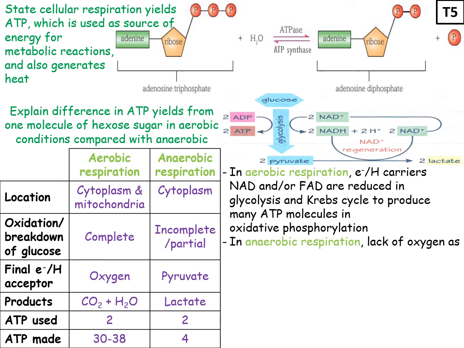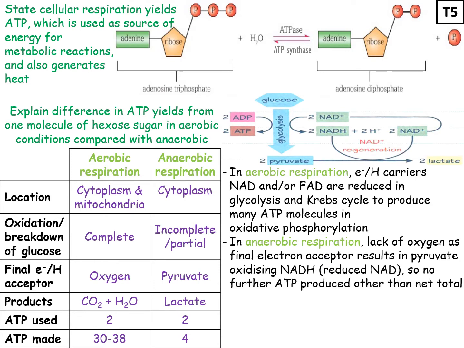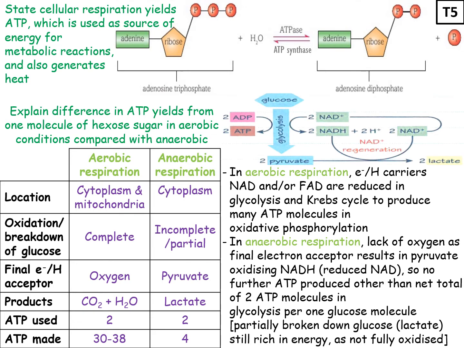However, in anaerobic respiration, due to the lack of oxygen as a final electron acceptor, pyruvate oxidizes reduced NAD, or NADH. So no further ATP is produced other than the net total of 2 ATP molecules, because we used 2 ATP molecules and 4 were made, so the net amount of ATP made is 2, and this is in glycolysis per 1 glucose molecule.